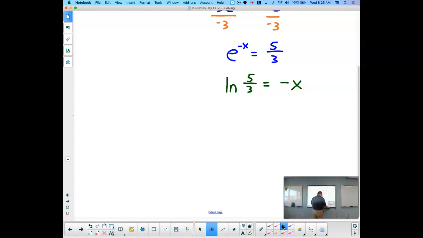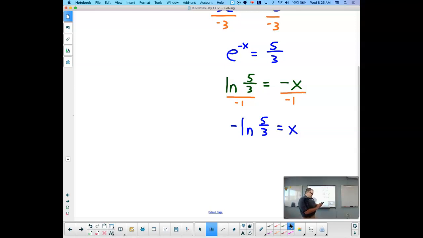Now again, I would divide by negative 1 here, and that would give me negative natural log of 5/3 is equal to x. Okay? So that would be the exact answer.